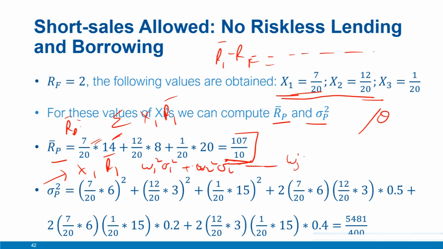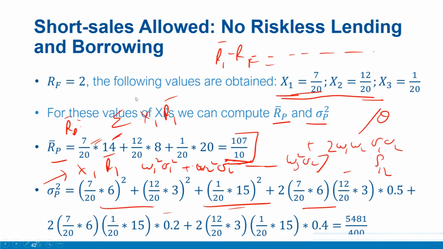In this case, w3 square sigma 3 square, the variance terms, and then there will be cross terms, which will be 2 times w1 w2 sigma 1 sigma 2 rho 1 2 and so on for 1 3 and 2 3, which will appear like this: variance terms, and then you'll have covariance terms. So it's all easily doable. So we get the value of portfolio variance, which is this portfolio variance.